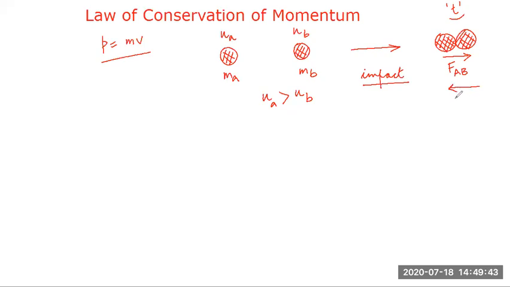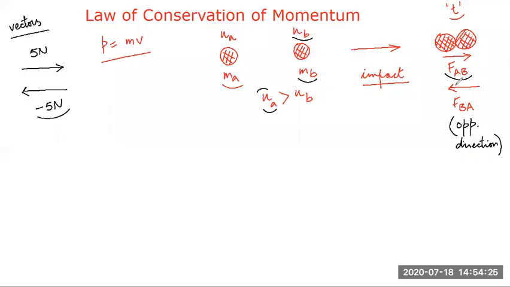So body B will also apply an equal force on body A, right? As these forces are in opposite directions, this force is equal to this force in magnitude but in opposite direction.